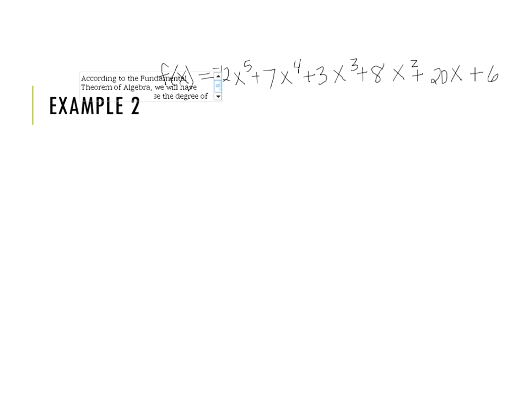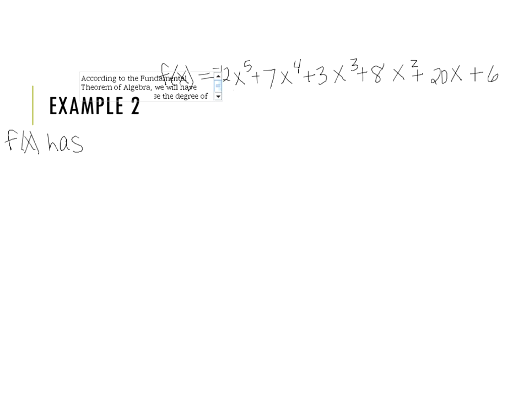All right, now let's do a little bit of work with Descartes' rule of signs. So let's look at f of x and count the number of sign changes. So f of x has how many sign changes here? How many sign changes do we have in f of x? There's the one.